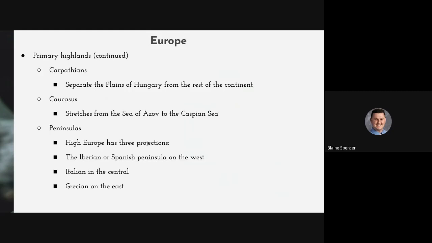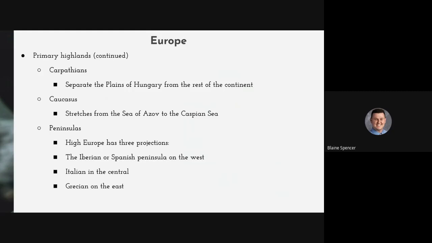All right, another mountain range that gets lumped into this region is going to be the Caucasus. Okay, these mountain ranges are going to stretch from the Sea of Azov to the Caspian Sea.